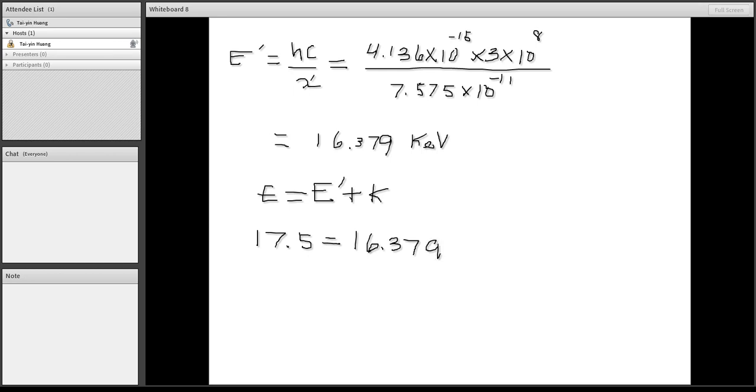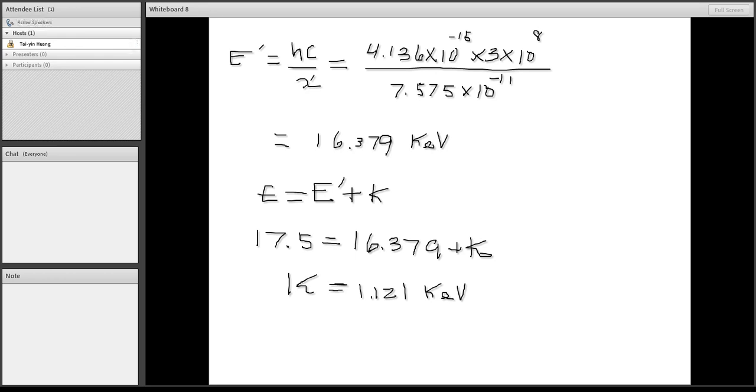So what's left is picked up by the electron. The maximum kinetic energy of the electron in this case would be 1.121 keV. Okay? So if you do not like the unit of eV, then just use everything in SI units. That will do.